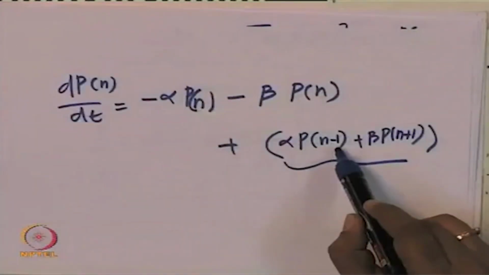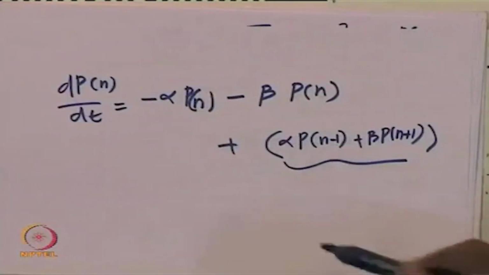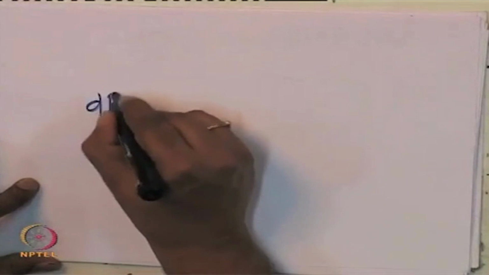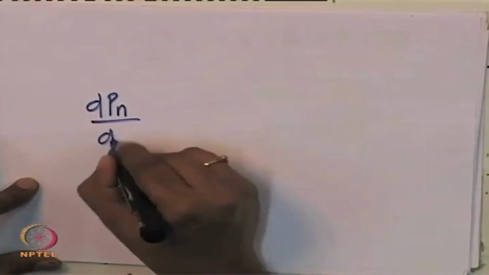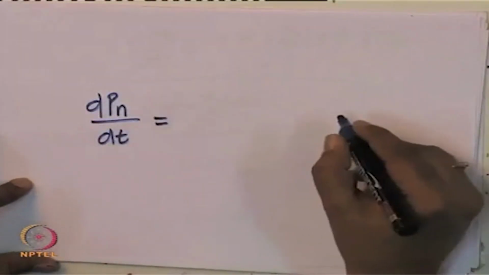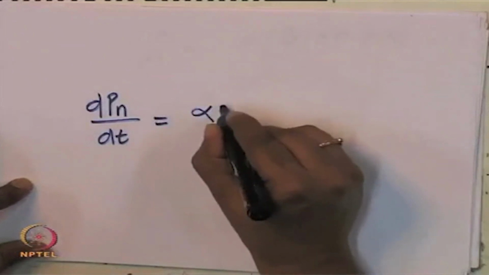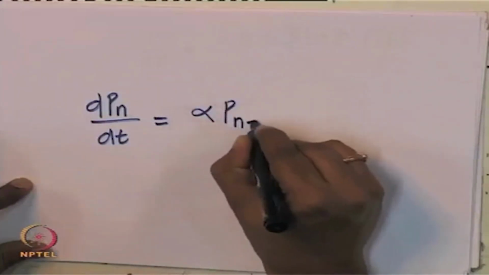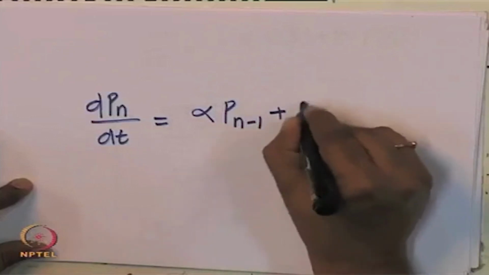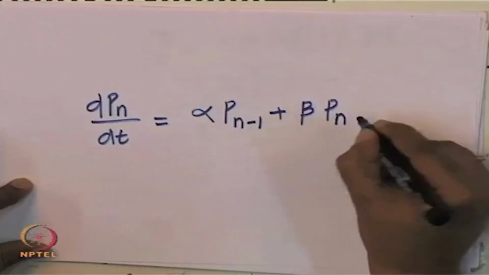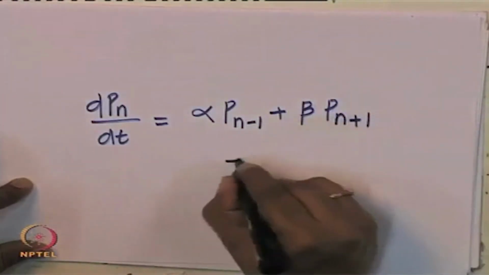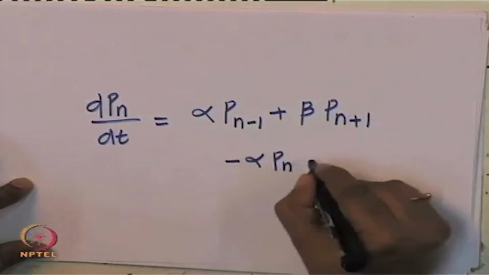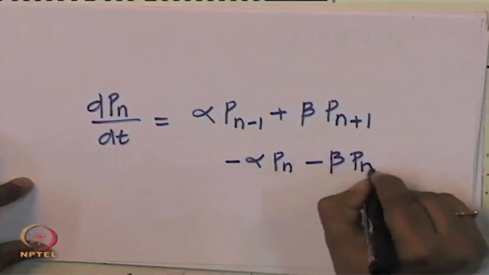It can happen polymerization from n minus 1. So let me write this a little more neatly. If we write this in a better way, dPn by dt is equal to alpha into P n minus 1 plus beta into P n plus 1 minus alpha into P n minus beta into P n.